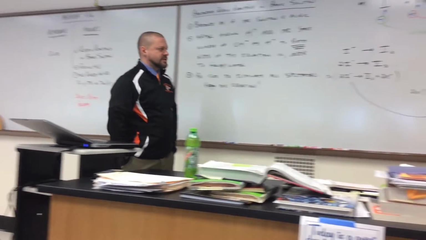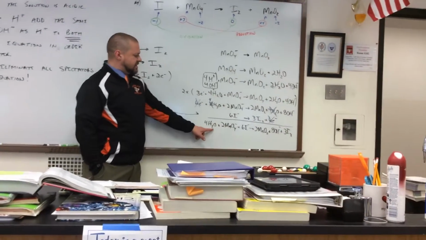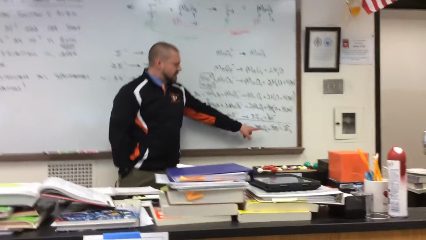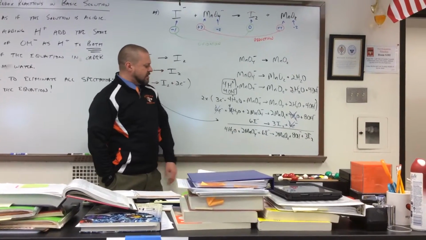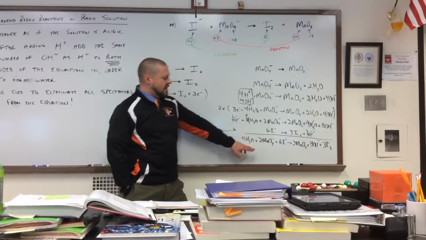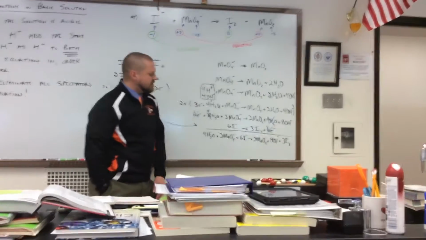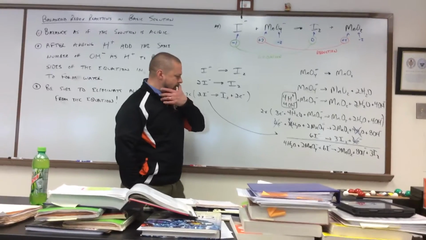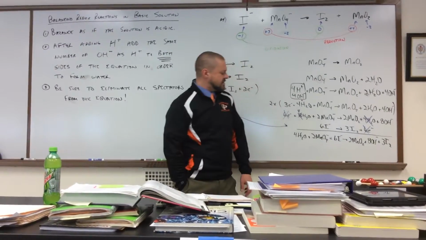And of course, you should check your work. So what do I have? 8 H's, 8 H's. I got 4 O's here, plus 8 more O's there. So I got 12 on this side. I've got 4 here, 4 O's, plus 8 more O's. 2 manganese, 2 manganese.